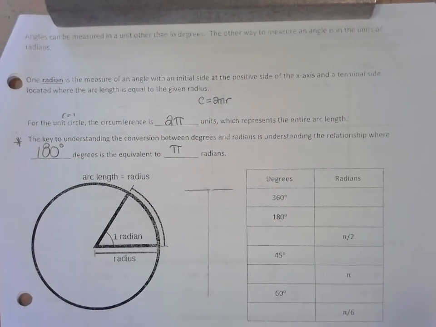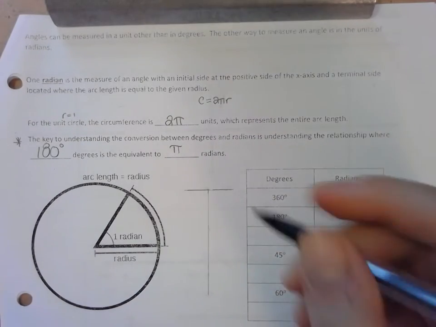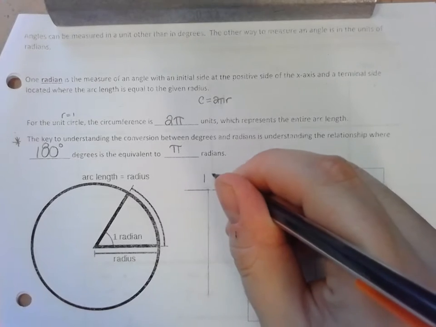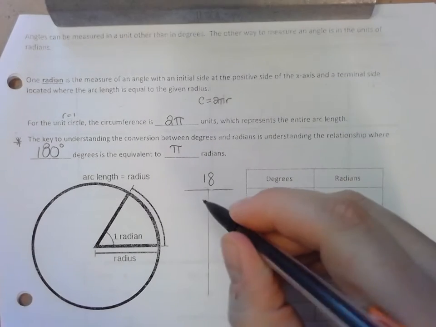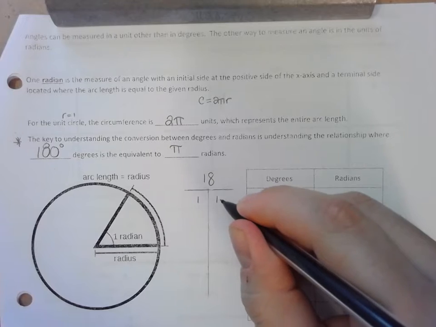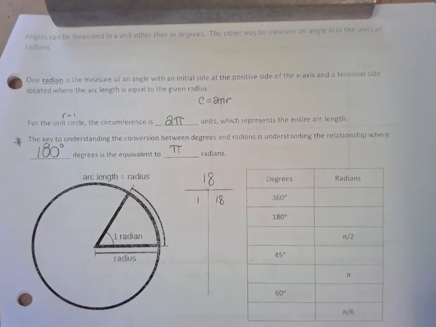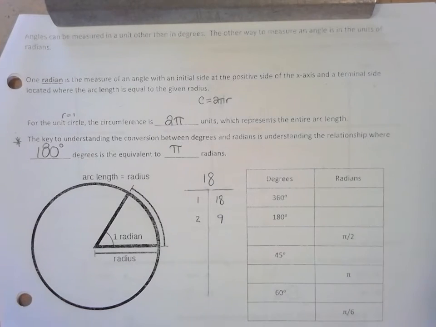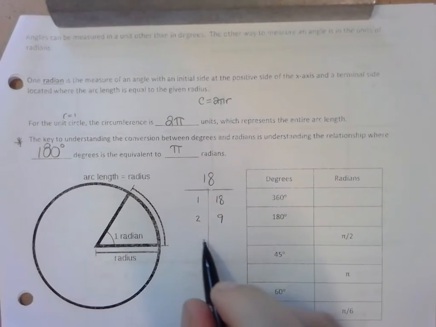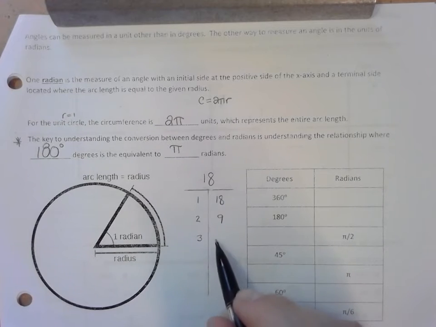Before we finish how to convert, what might help us is to make a factor T-chart for the number 18. You may not see the relevance yet, but let's find out how many different ways we can factor 18. So 1 goes into 18 18 times. 2 goes into 18 9 times. 3 goes into 18 6 times.